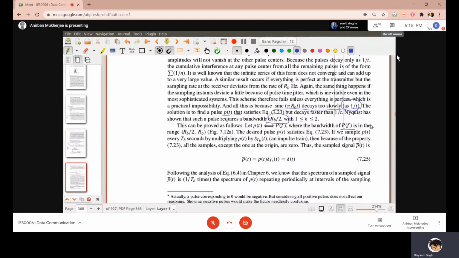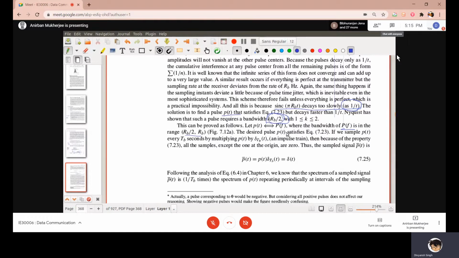This P(f) is in the range of RB by 2 to RB, because k is between 1 and 2: k equal to 1 means RB by 2, k equal to 2 means RB.